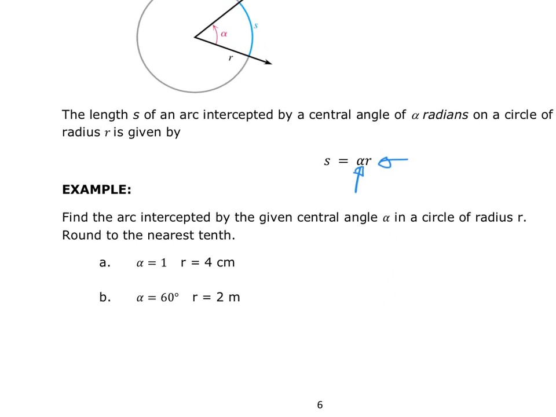So as we take a look at this, they're asking me for the arc length given by the angle and the radius that's given to us. I'm going to call that 1 radian. 1 radian is a very, very small rotation. So it's already in radians.